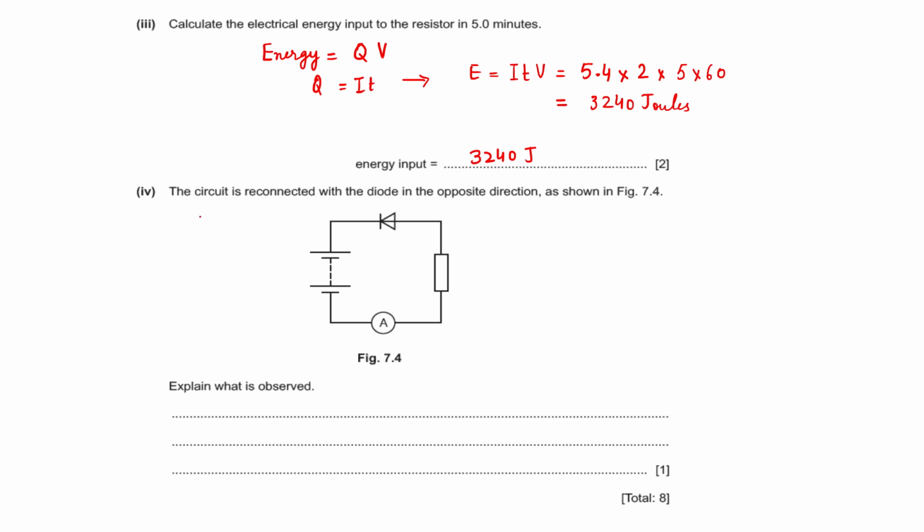Now part number 4. It says the circuit is reconnected with a diode in the opposite direction as shown. In this case, the positive terminal is connected to the negative, and this is the positive of the diode. Explain what is observed. Nothing is observed. No current flows. The ammeter shows no reading, because the diode is reverse biased.